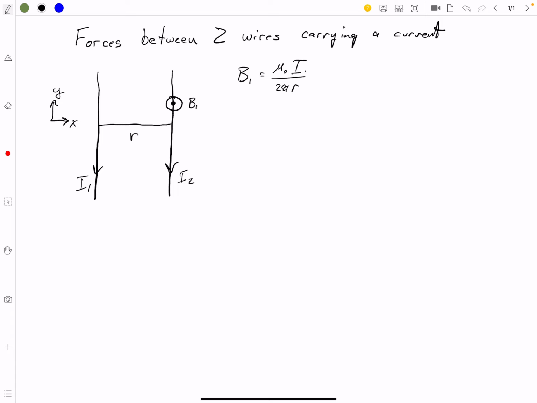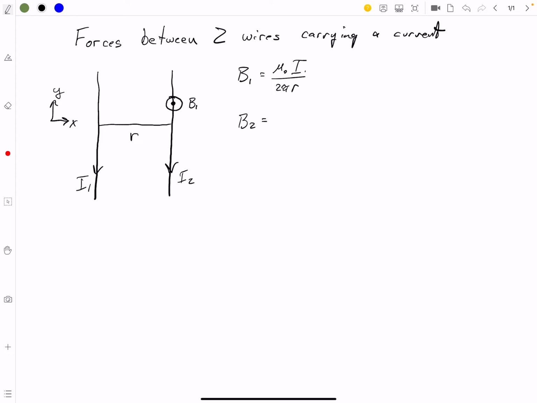We've got our next wire already next to it. It's also pointing down. So what's happening? What's the B field over at the I1? So let's figure out what B2 is.